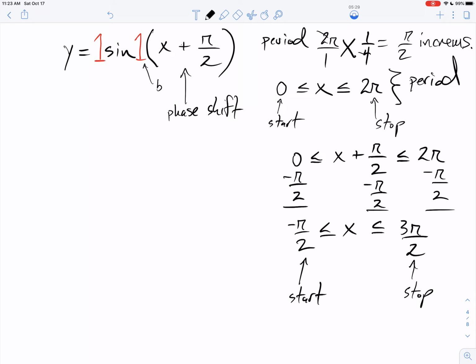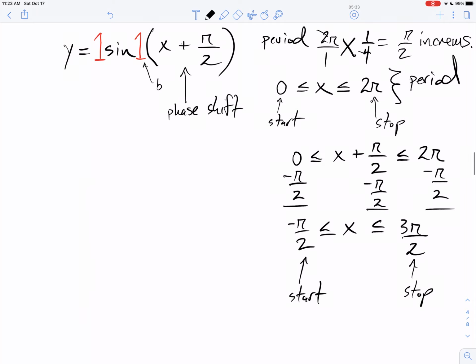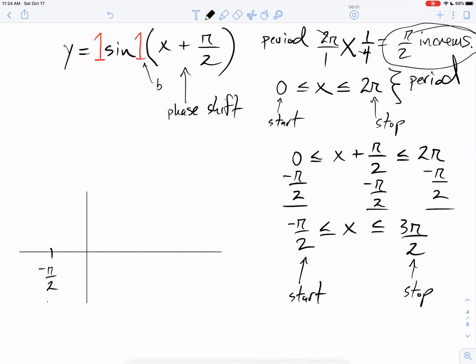Normally when I graph stuff, I have my y and my x, but you're going to notice I drew my coordinate system a little bit different because I want to accommodate what I see. My increments are pi over 2, so every dash is a pi over 2. But I start at negative pi halves. That's where my graph is going to start now. That's my start.